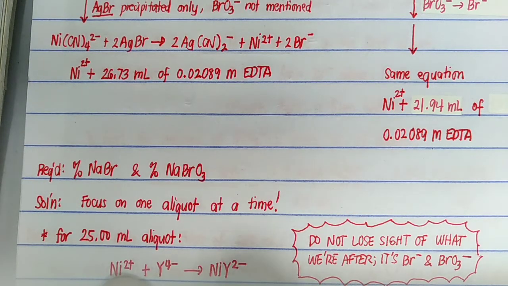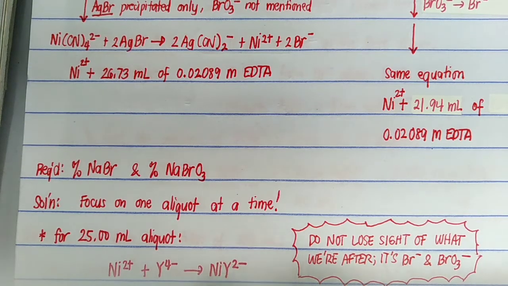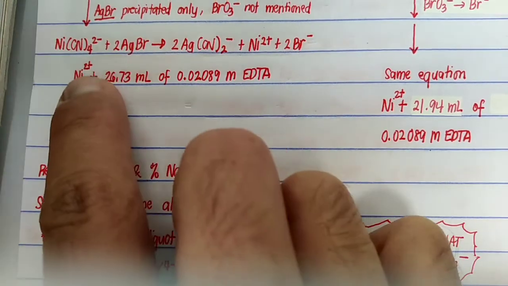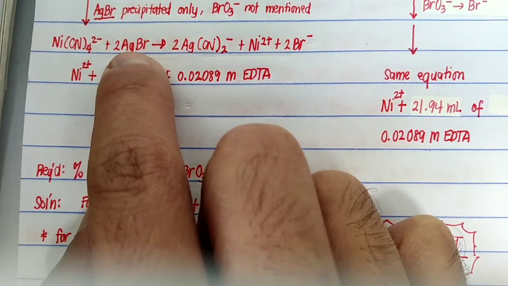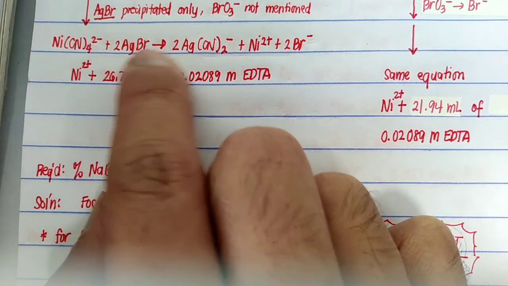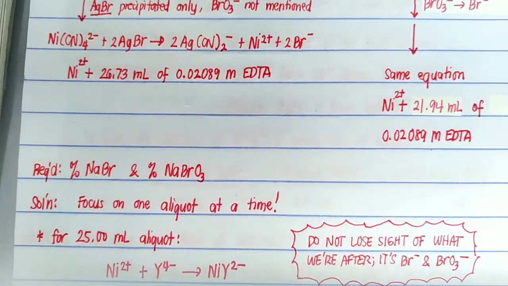There is no equation given to us as to the titration of nickel and EDTA, so I wrote it down over here. As mentioned in the problem, the nickel that is liberated by the silver bromide will require this amount of EDTA solution.